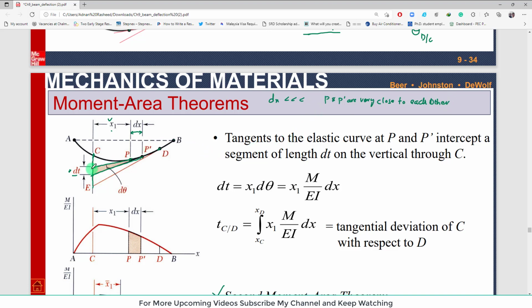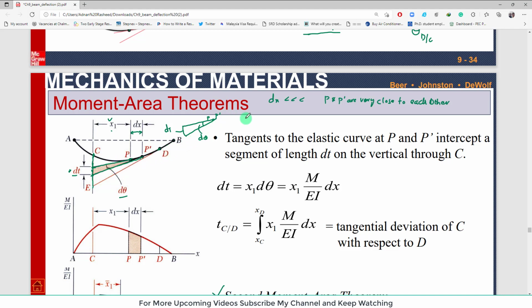So this dt will be just like a circular arc. This is point P and this is point P dash, both very close. So the angle between these two will be known as d theta, which is given over here. Clear? So change in slope.